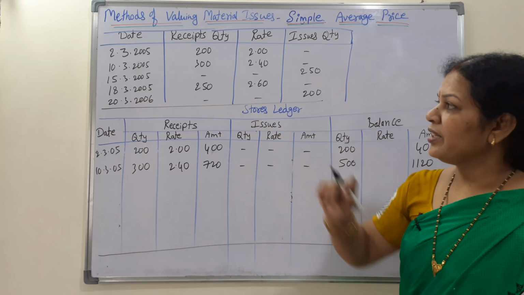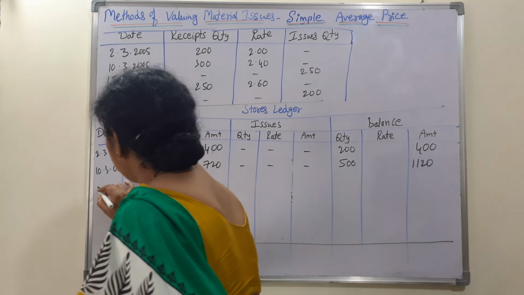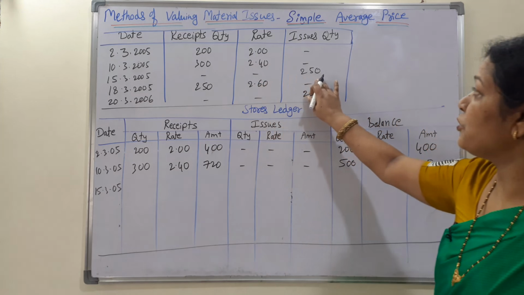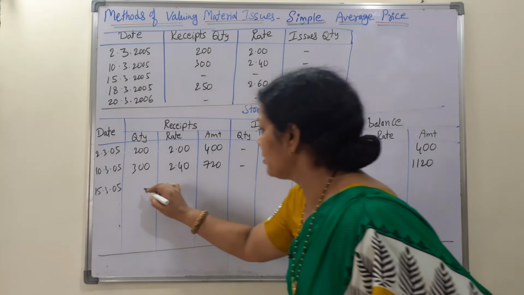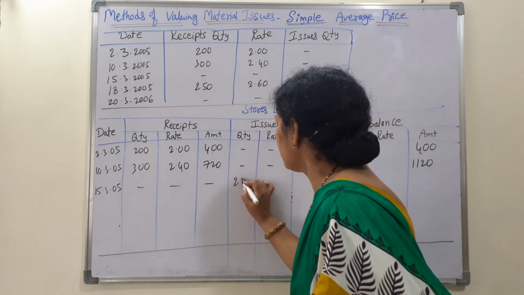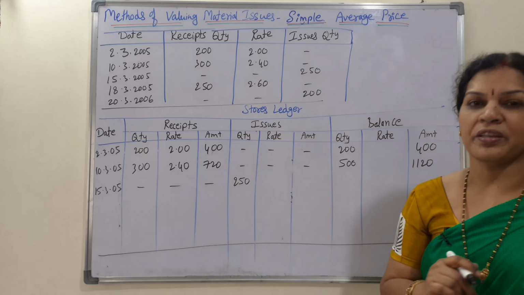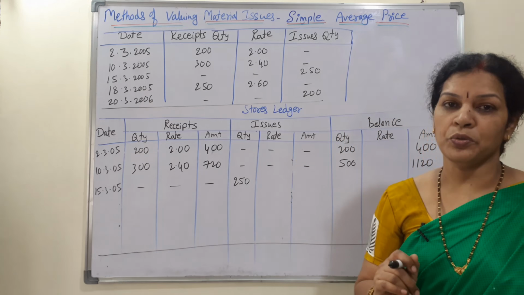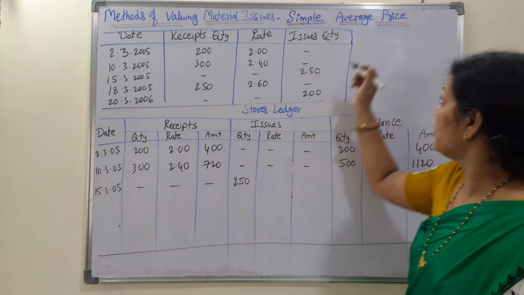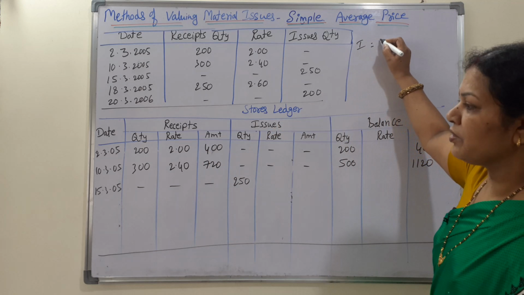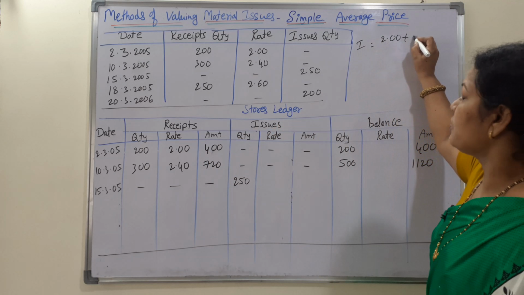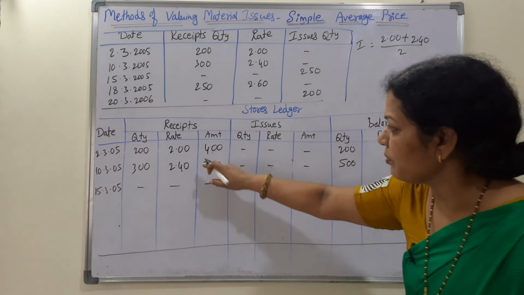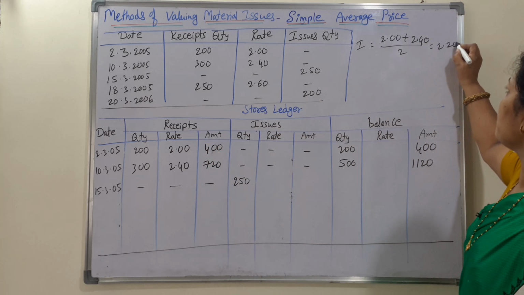Two dates are over. Now the third date is 15th March. What happened? We are issuing 250, which comes here in issue. What would be the rate? This is the question. As I told you, we'll take the average of the last two purchases, meaning these two. So 2 plus 2.4 divided by 2, the average of these two, comes to 2.20.